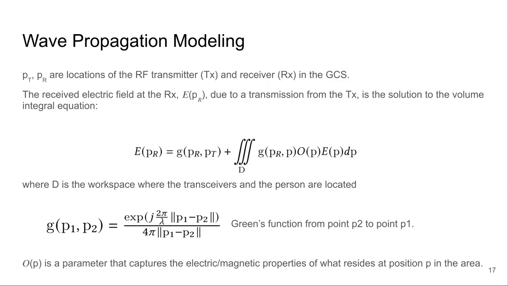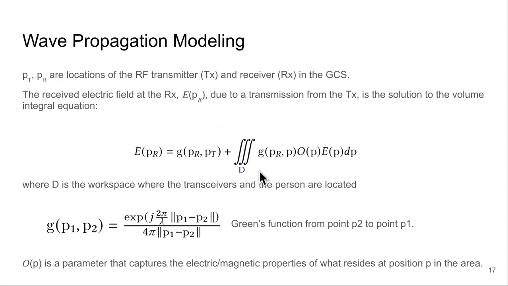So the received electric field at the RX, which is E(P_R), due to a transmission from the TX, is the solution to the volume integral equation here. D is the workspace where the transceivers and the person are located.